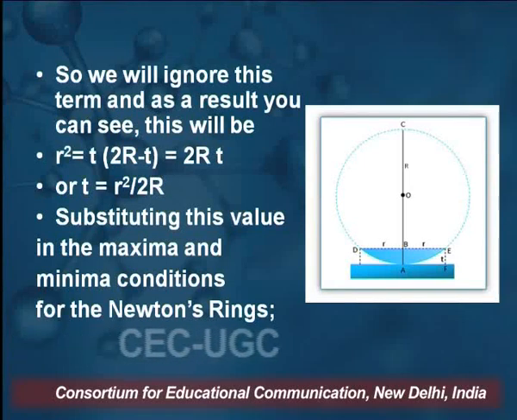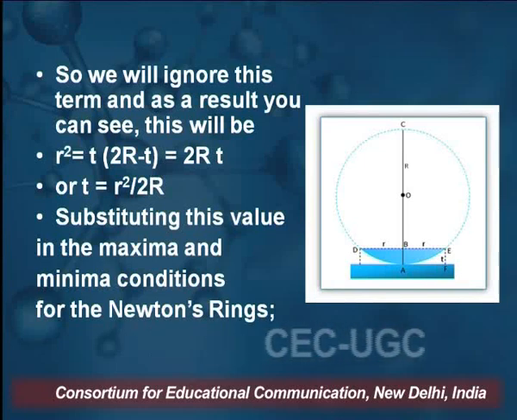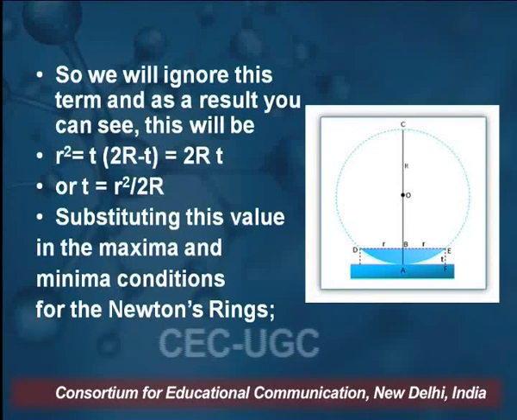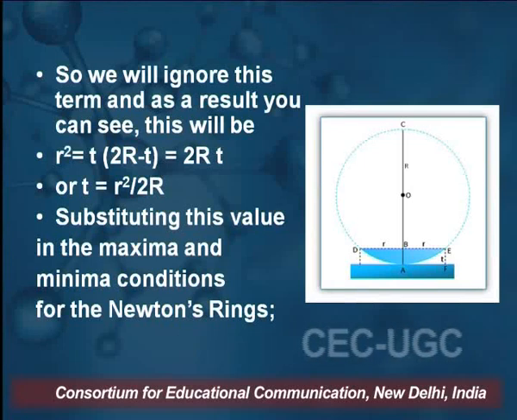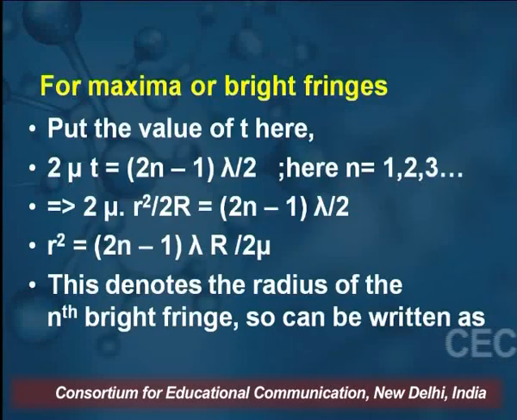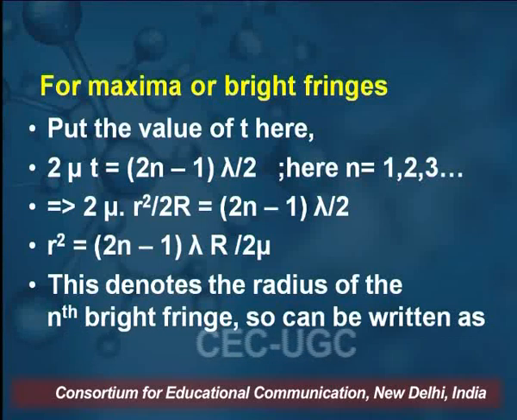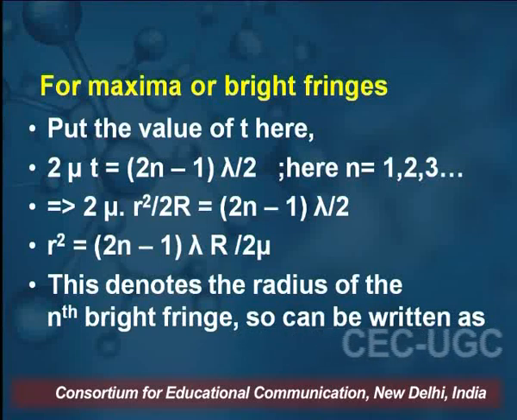So t, the thickness of the air film, is equal to r square divided by 2R. Now we substitute this value in the maxima and minima condition for the Newton's ring. That formula we have taken from the transmission of light through a glass slab or any thin surface.